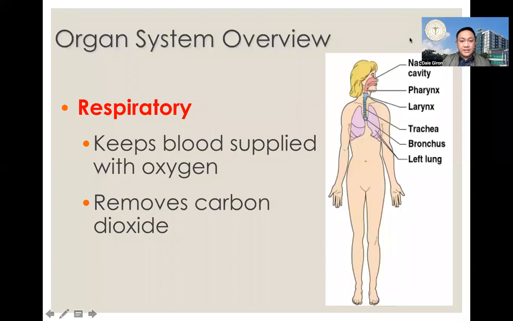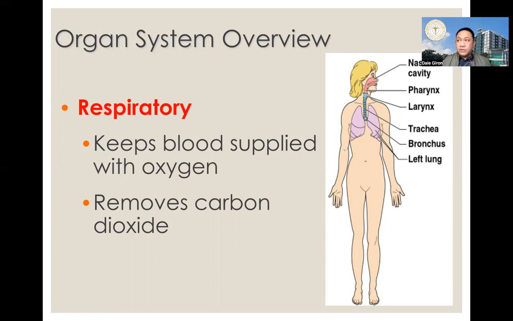Okay, after the lymphatic system, it's the respiratory system. The main function of the respiratory system is keeping the blood supplied with the oxygen needed by the entire body. It also removes carbon dioxide in exchange for oxygen. The respiratory system involves the lungs, the trachea, all the organs in the respiratory tract, and obviously, with this pandemic, it affects the respiratory system.